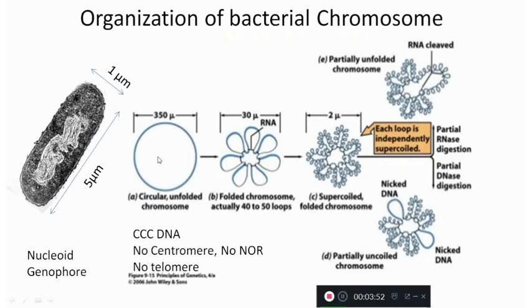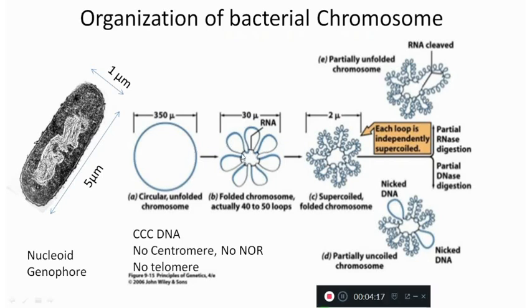For that, this chromosome has to undergo compaction, has to be packaged in a way so that it becomes smaller and can fit into the bacterial cell.